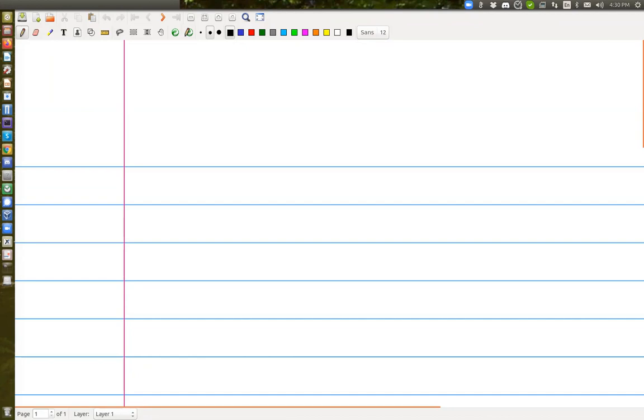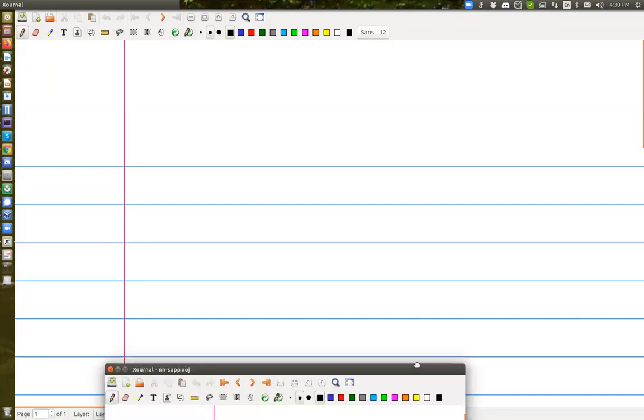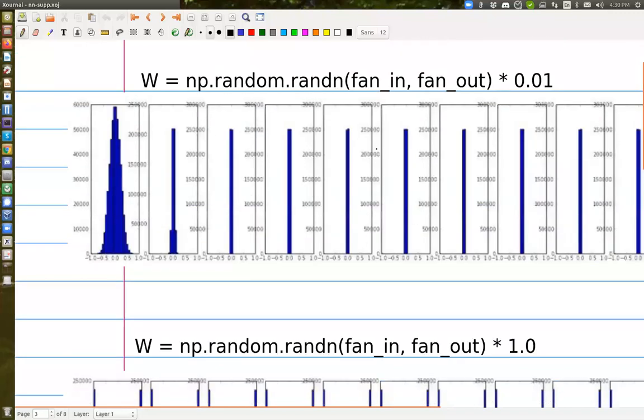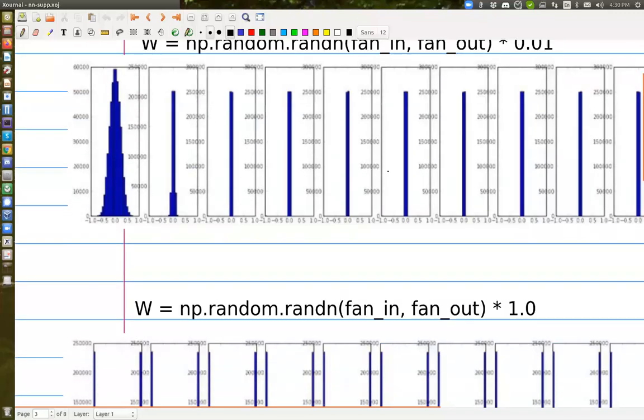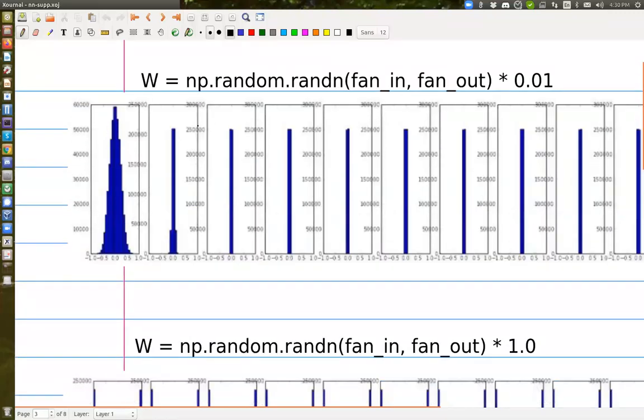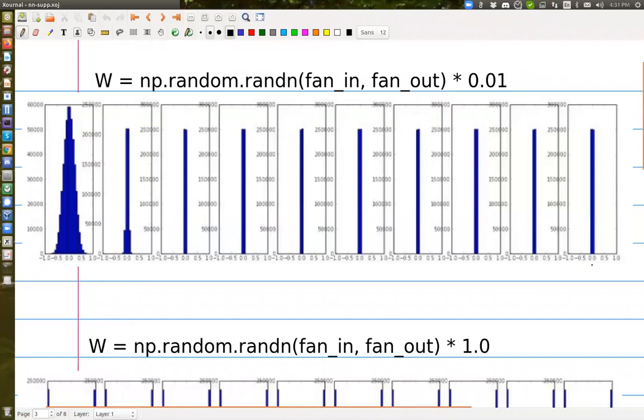So if we consider a randomly initialized weight, if it's too small, then basically the output at each level, especially in the deeper levels, just goes to zero. When it goes to zero, definitely it's not going to work. Basically, all the outputs will be zero.